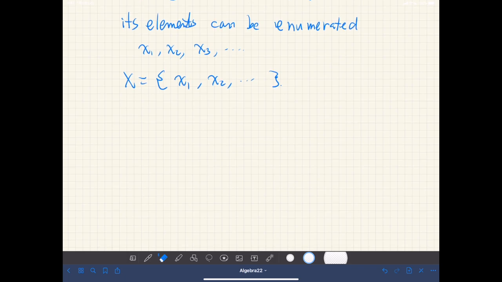And a set is uncountable if it's not countable. Uncountable is just the negation of countable.